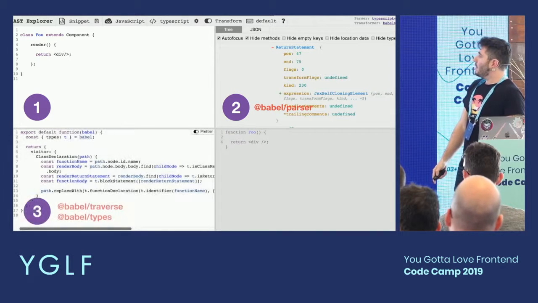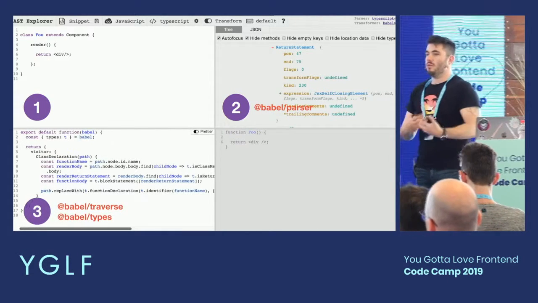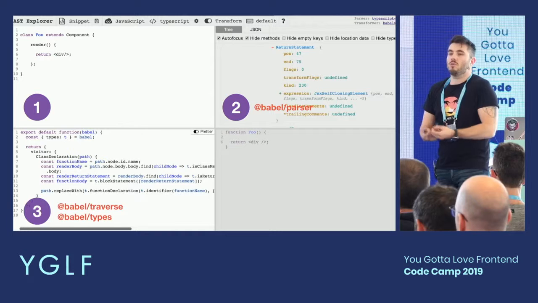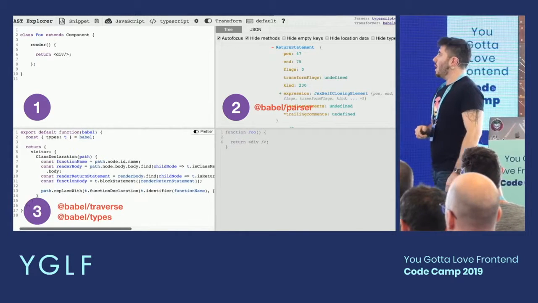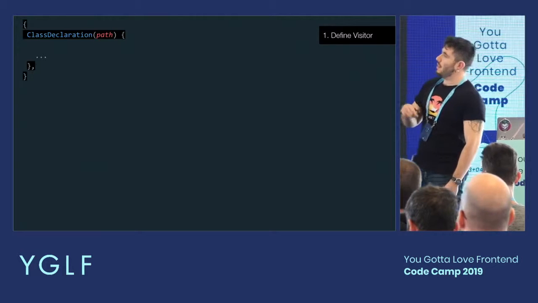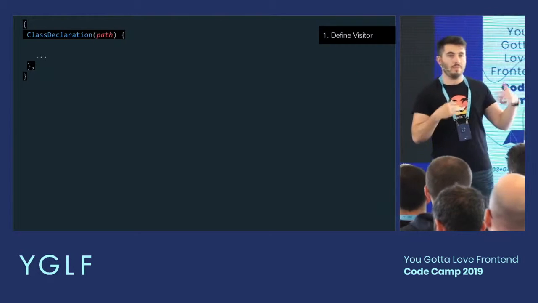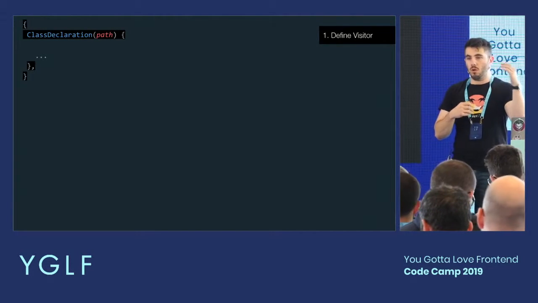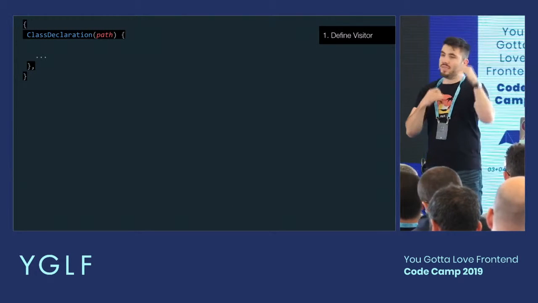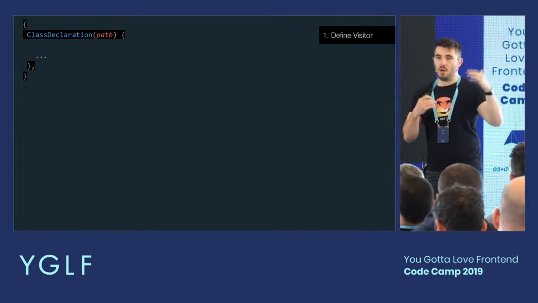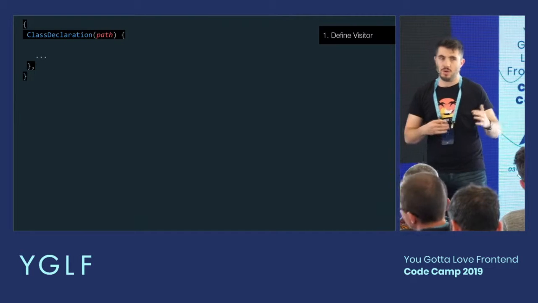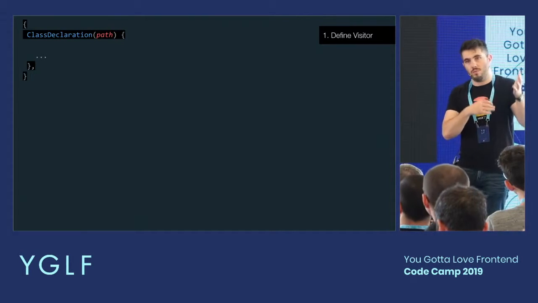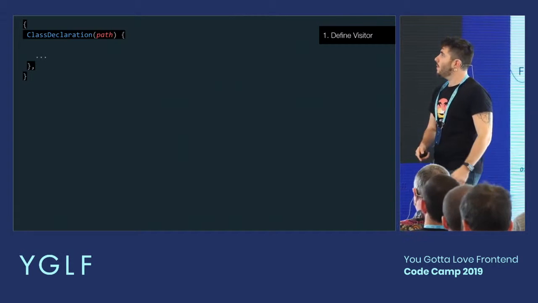And this is where we get to the actual transformation, to the actual refactoring phase. So as I stated earlier, basically we will call Babel traverse, and we will state which types of nodes we are interested in. In our case, we're interested in class declarations, right? Because we are transforming a class component into a functional component.